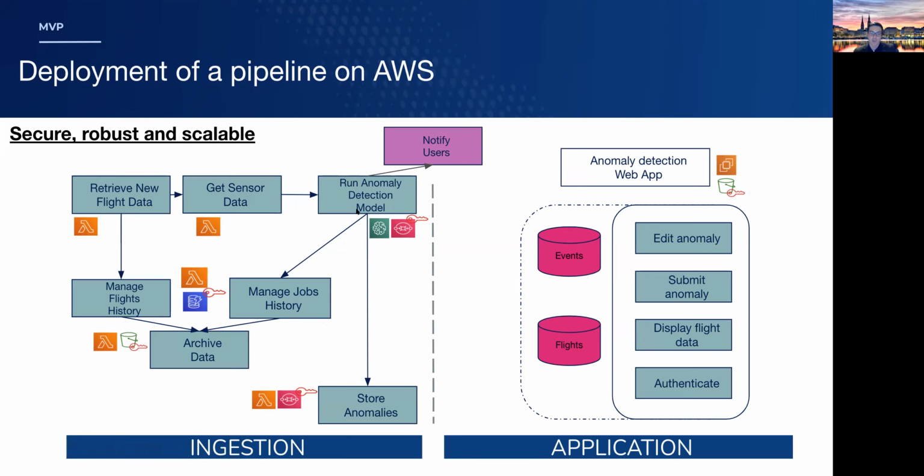We run the anomaly detection module on AWS SageMaker, which is a pre-trained model by us. If something is found, we notify the users. They are able to open a completely secured web application, which allows them to see the anomaly as a time series, display the flight data, edit the anomalies and provide feedback back to us. And so we enrich our data sets and create a better and better understanding.